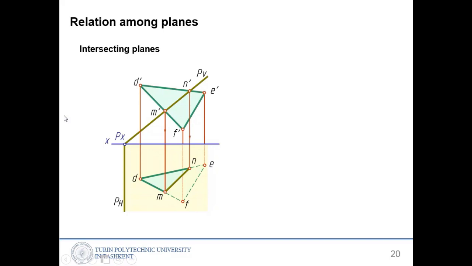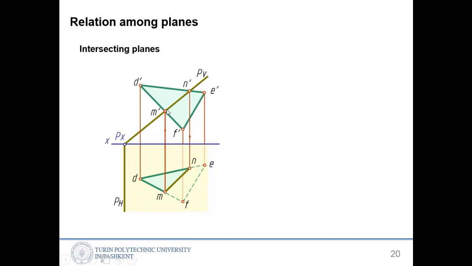So how to find the M N points? How to find where the intersection point is? The way is we need to define it in the projection plane.